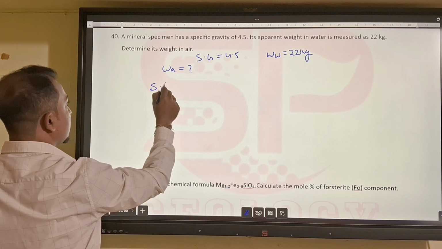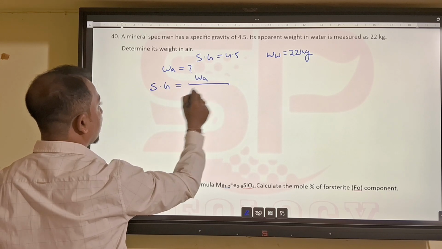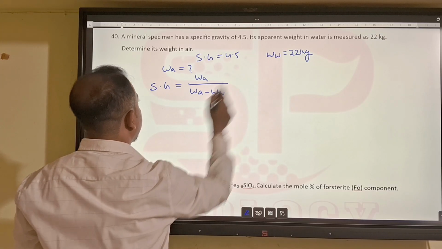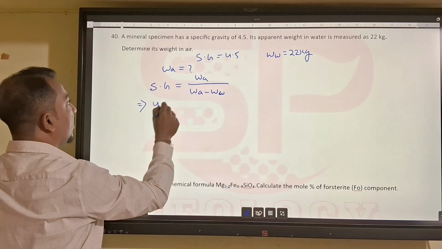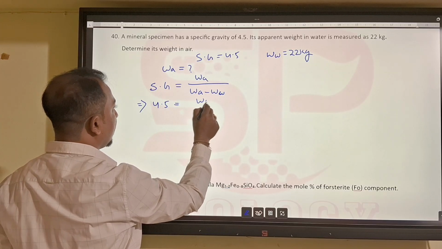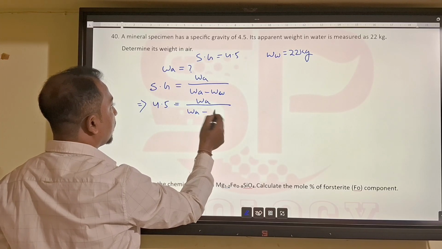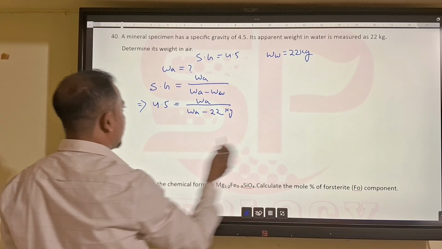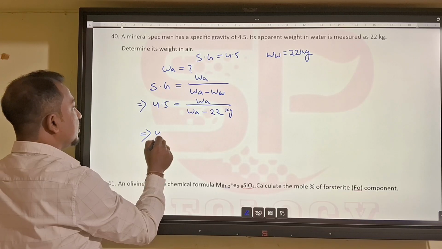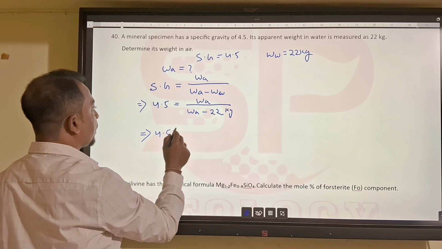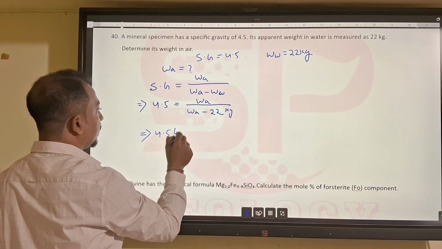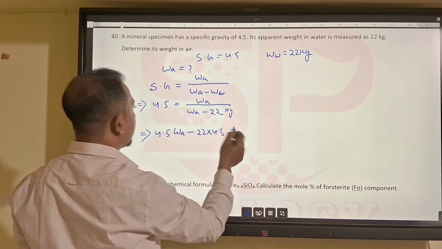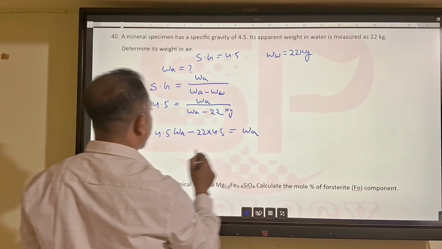So what the formula says: specific gravity equals weight in air divided by weight in air minus weight in water. The specific gravity given here is 4.5, weight in air we have to calculate, divided by weight in air minus 22, in kg. So the answer will be in kg. It will be 4.5 times weight in air minus 22 into 4.5 equals weight in air.